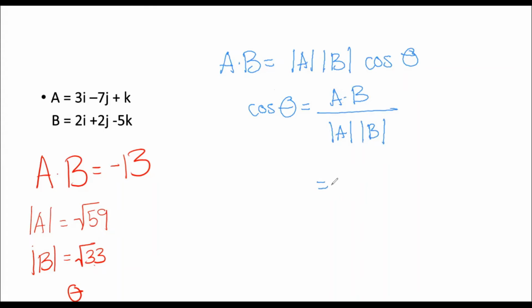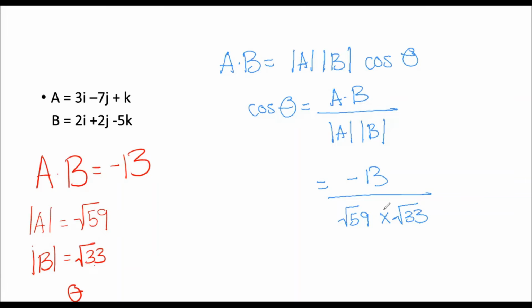So we already have our values, so we have minus 13 over root 59 times root 33. Okay, so I'm just going to use my calculator.